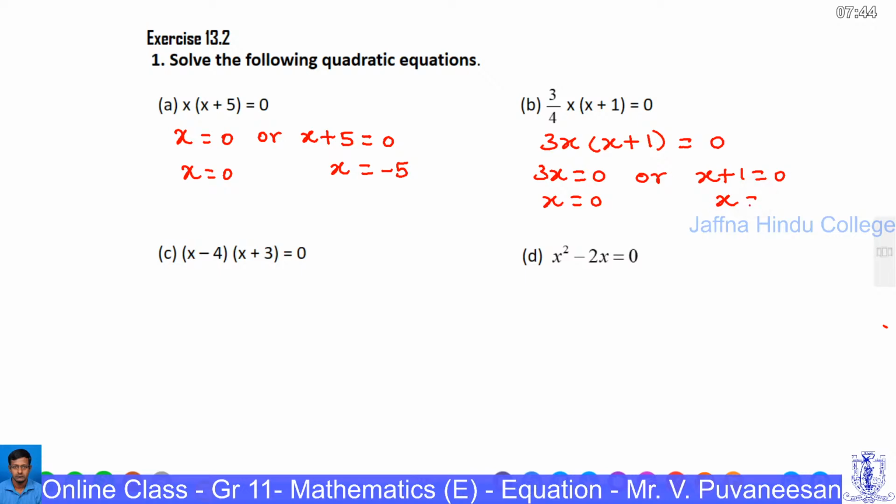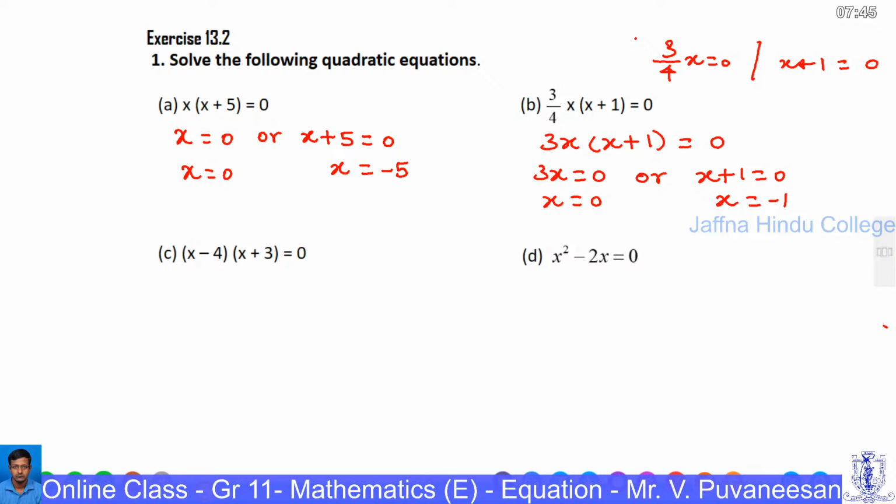Here x equals minus 1. Otherwise, we don't bring 4 to the right side, and we get 3 upon 4 x is equal to 0 or x plus 1 is equal to 0. This is also correct.